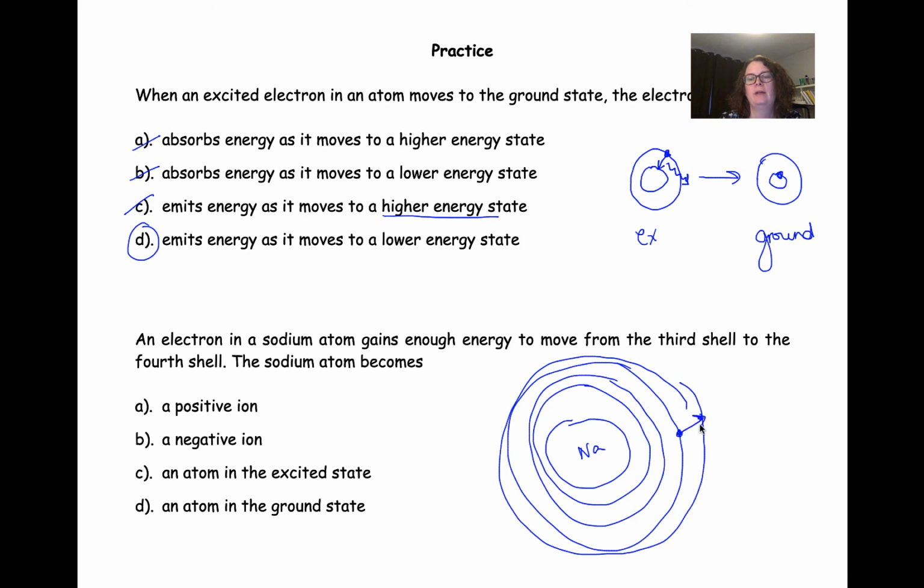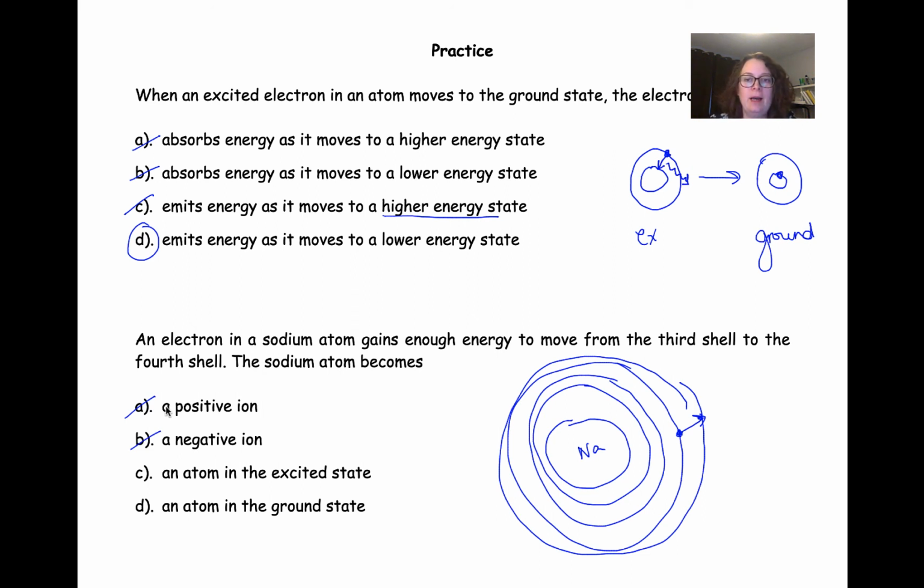So we're moving from a lower energy level to a higher energy level. The electron isn't leaving the atom, it's just moving to a different orbital. So we're not losing or gaining an electron, so this isn't going to be an ion. We're still going to have the sodium atom.